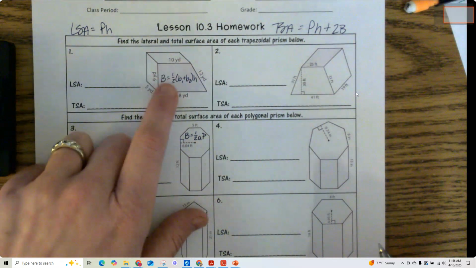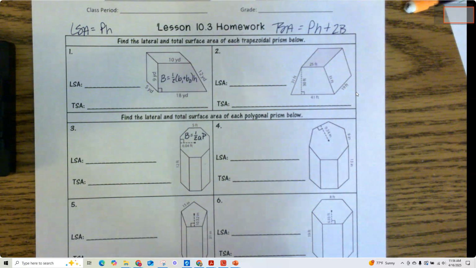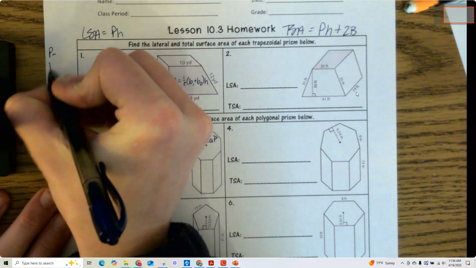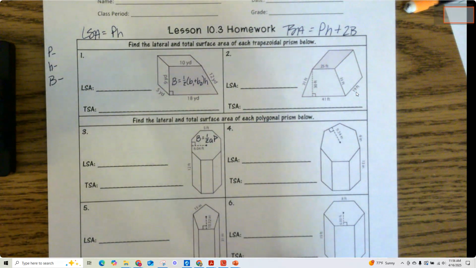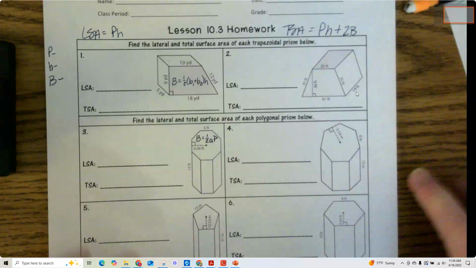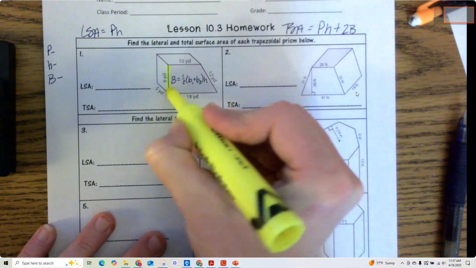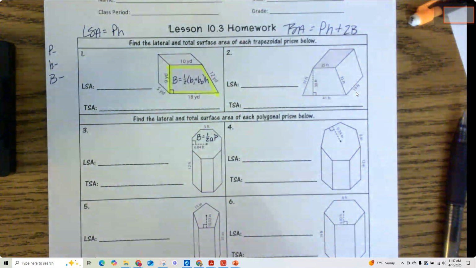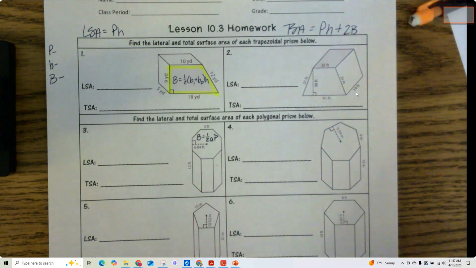All right, trapezoid is the one that was like the utter failure on the test when we were doing volume. We still need the perimeter, the height, and the big B. Pretty much find the shape that's not a rectangle on prisms, and that's your base.